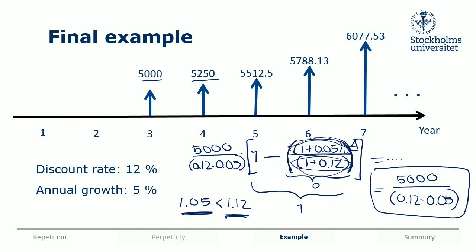So this would go towards minus infinity, and this here, you will have a true mess. Basically, you will not get an answer because the present value will go towards infinity.